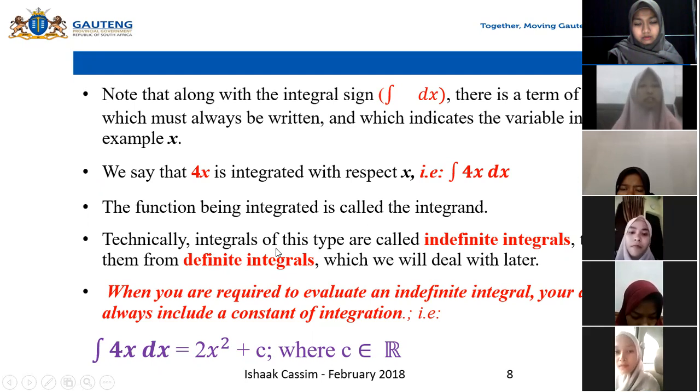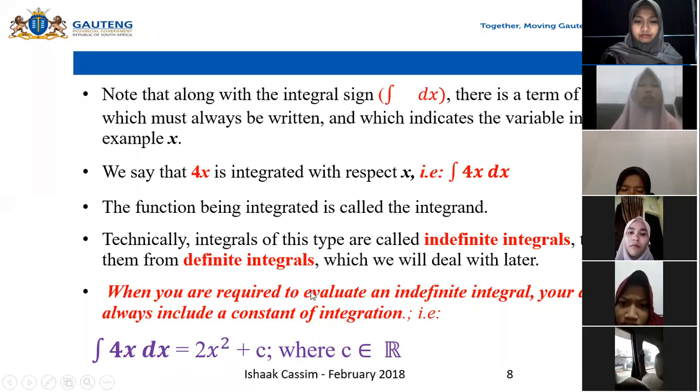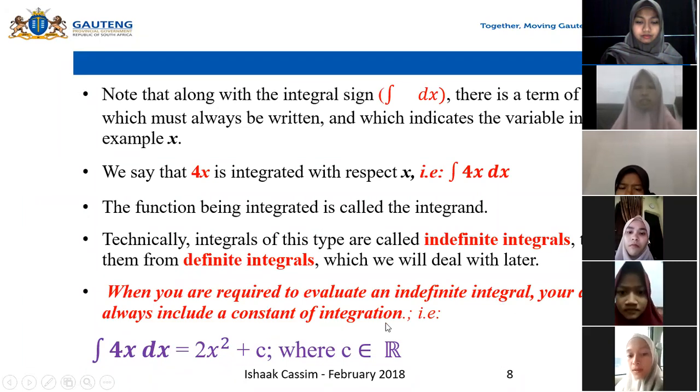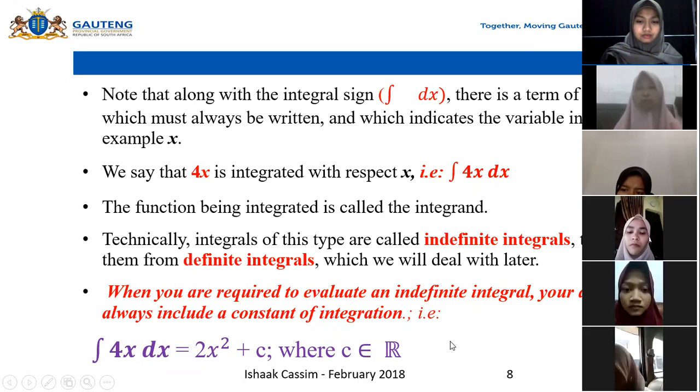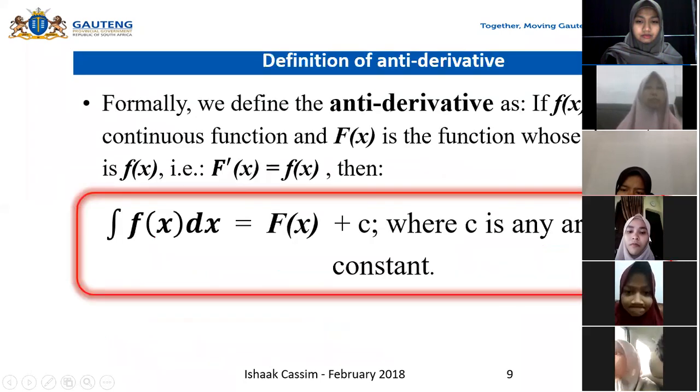Technically, integrals of this type are called indefinite integrals, to distinguish them from definite integrals, which we will deal with later. When you are required to evaluate an indefinite integral, your answer must always include a constant of integration. Example, integral 4x dx equals 2x squared plus c, where c is a real number.